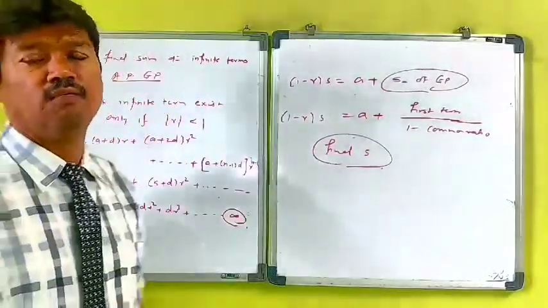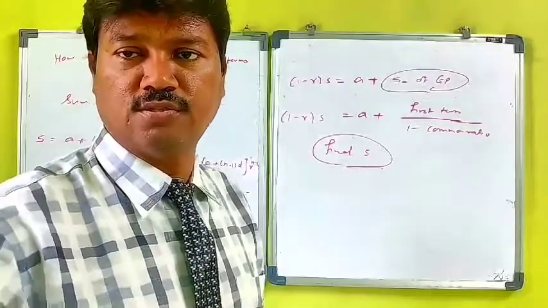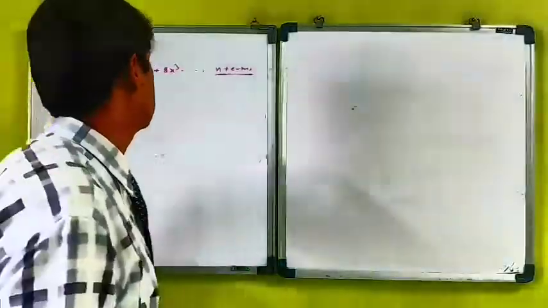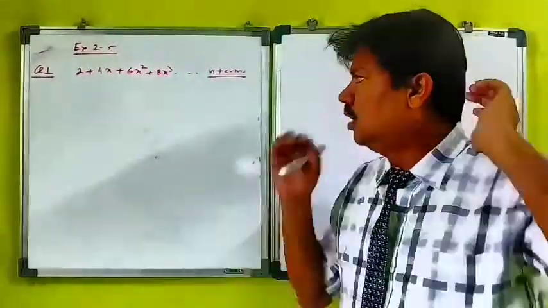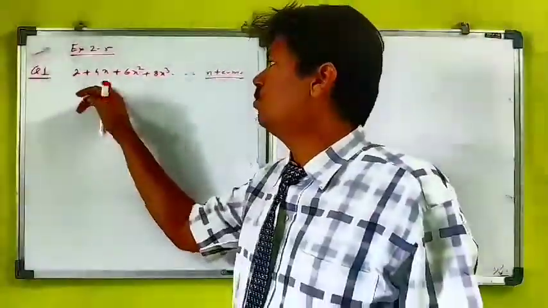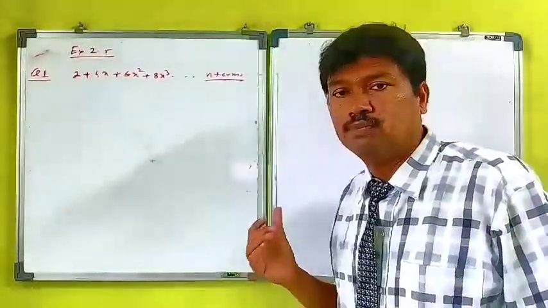The general question is to find the sum. That's it. So we'll continue with questions. Yes, exercise 2.5 of the textbook. The sum is this. Question first, 2 plus 4x plus 6x squared plus 8x cubed up to n terms.